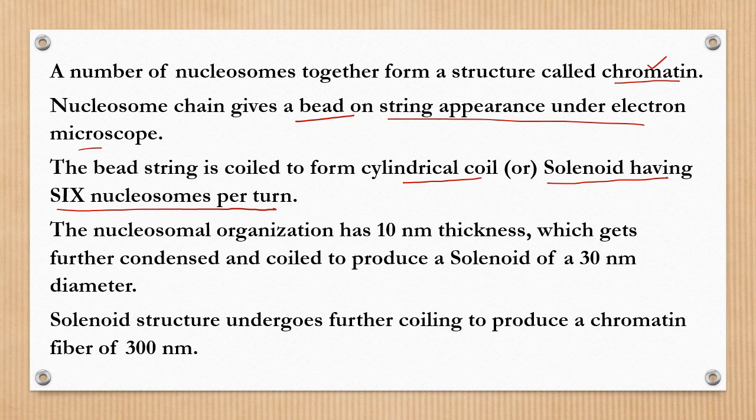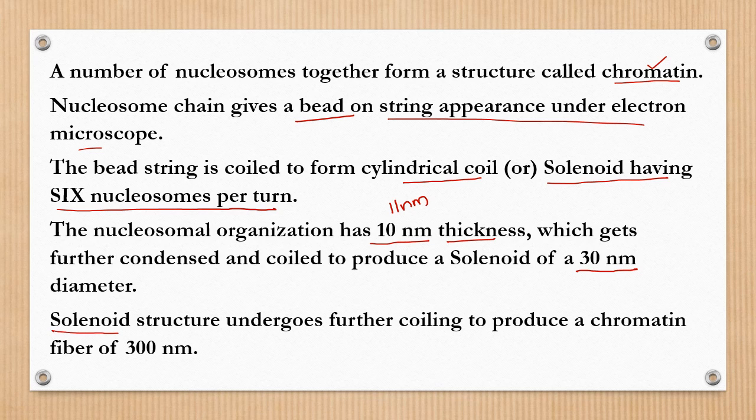The nucleosomal organization has 10 nanometer, or in some books 11 nanometer, thickness, which gets further condensed and coiled to produce a solenoid of 30 nanometer diameter.